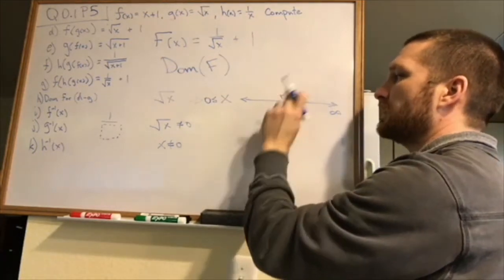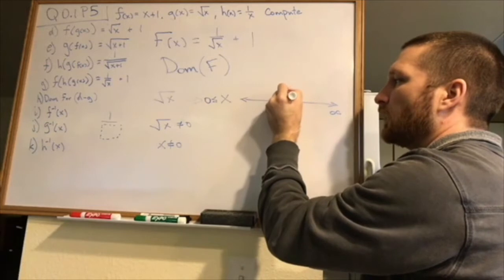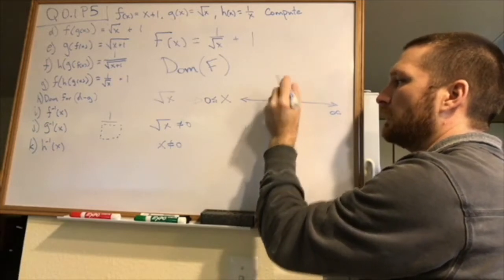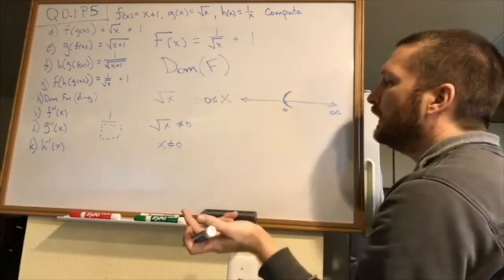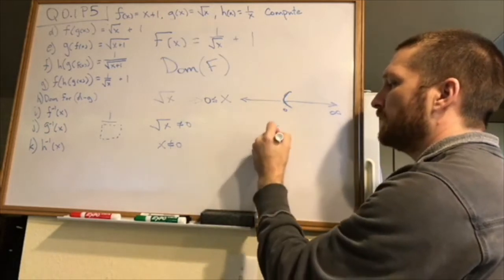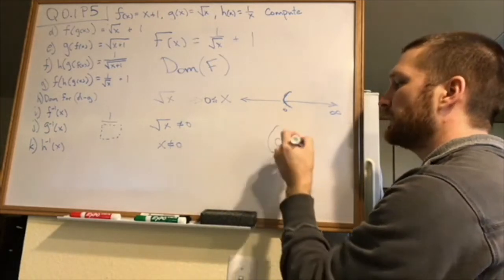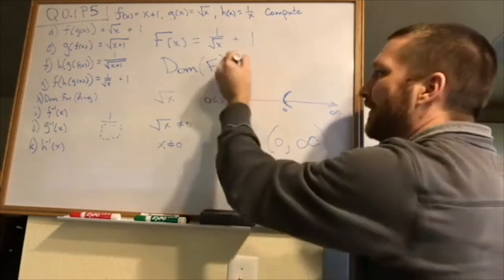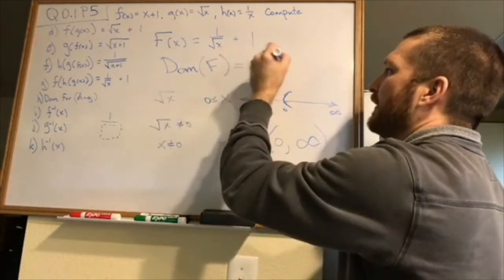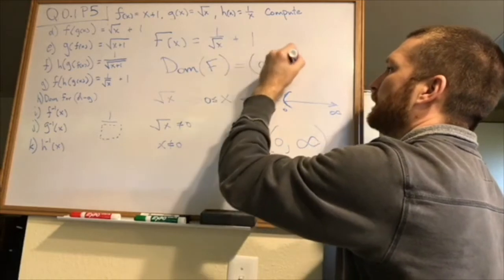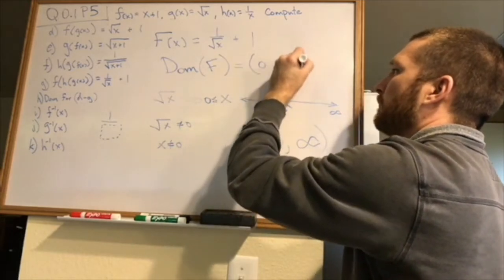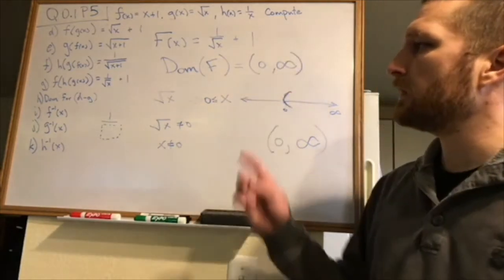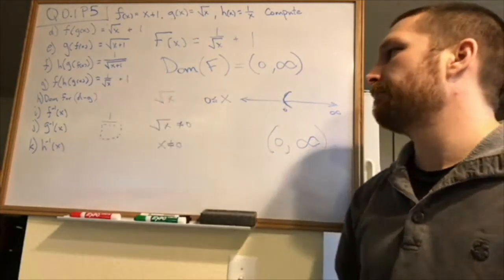We get rid of the 0. Another way we could say that is we're going to exclude 0, right? And we get this interval, everything from 0, not including 0, up to infinity, like that. And that is the domain of f in interval notation. And so that's the domain for that part right there.